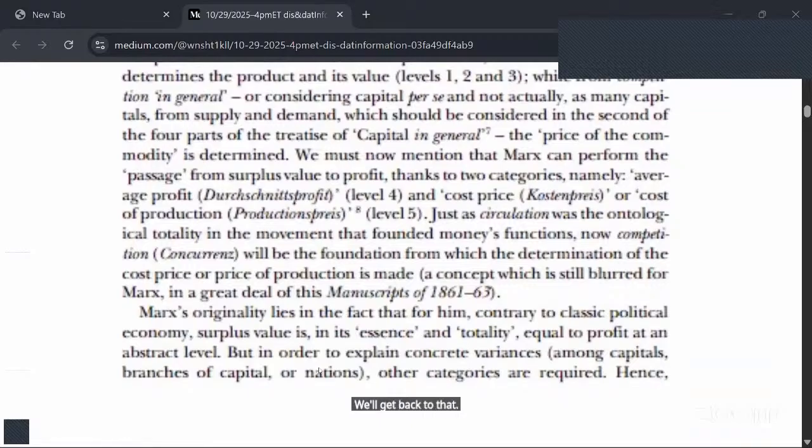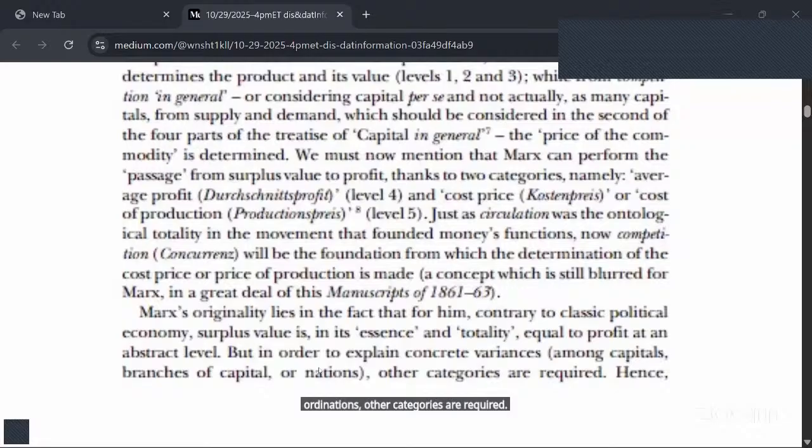Marx's originality lies in the fact that for him, contrary to classical political economy, surplus value is, in its essence and totality, equal to profit at an abstract level. But in order to explain concrete variances among capitals, branches of capital, or nations, other categories are required.